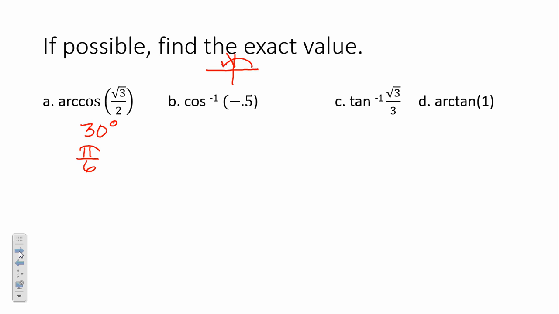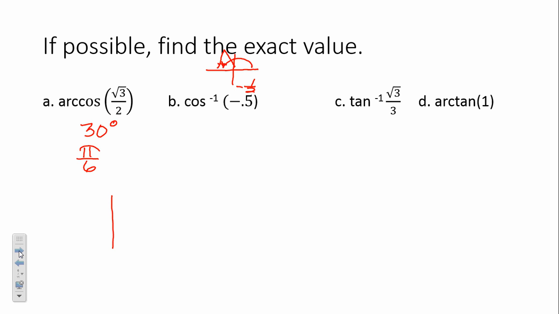So you may need to have your spinners out, and that table on your foldable that has those quadrantal angles or special angles. So we asked ourselves, which angle has a cosine of 1/2 for its value?